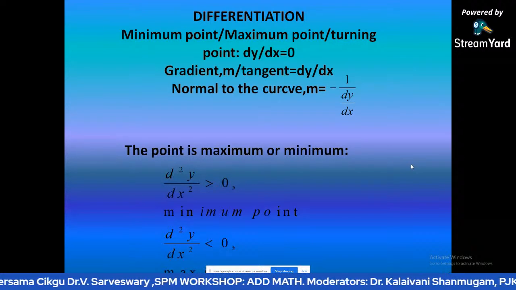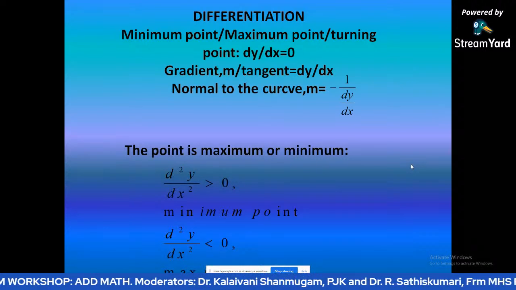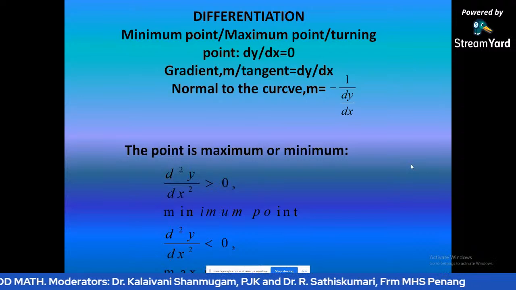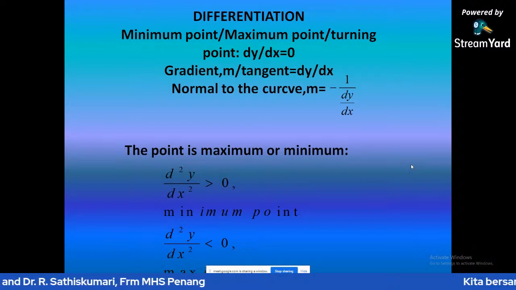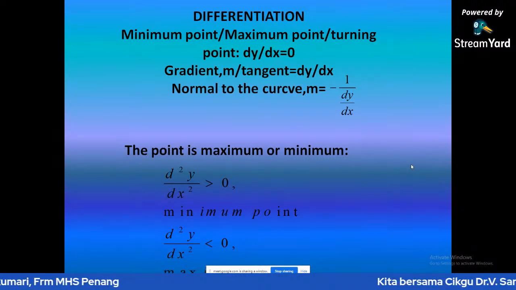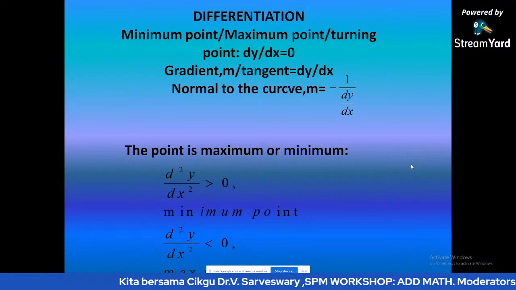So what is the meaning of dy/dx? dy means the difference in y, divided by dx, the difference in x. When you do your modern maths, you know that y2 minus y1 divided by x2 minus x1, correct? The difference in y divided by the difference in x is the gradient for your line graph. So the same thing for your curve.